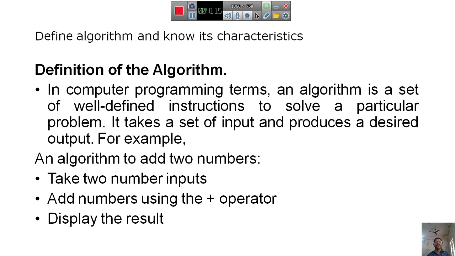Here, there are some characteristics or qualities of an algorithm. Those are, it should be in simple steps. It can be understandable by anyone. It is not language dependent. It is independent of any programming language.